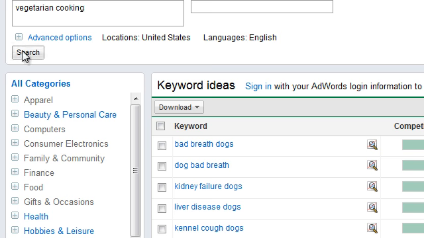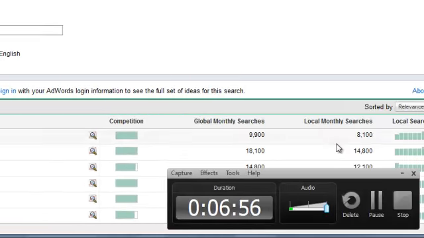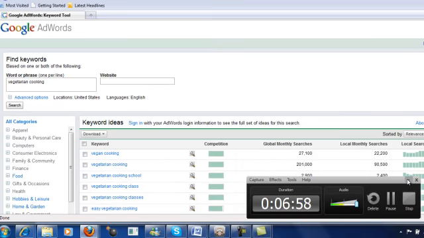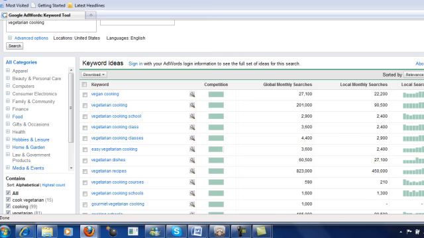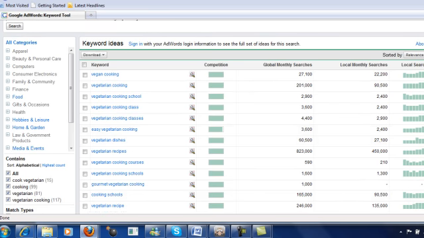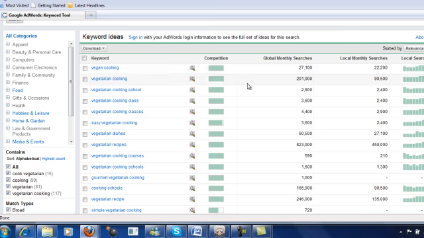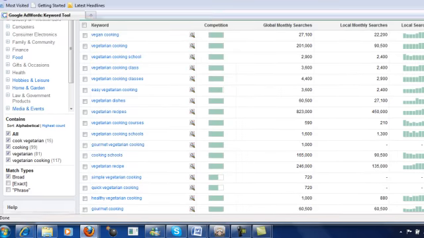vegetarian cooking. This is something that seems more like it'll be a sub-niche. All right. Wow, pretty heavy competition with this as well. You know, look at this, vegan cooking, and that bar is full. Easy vegetarian cooking, pretty high competition still.